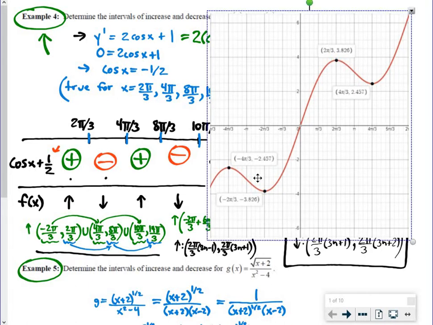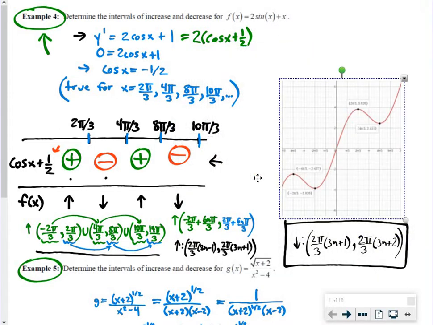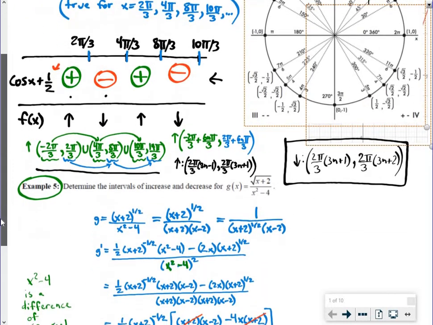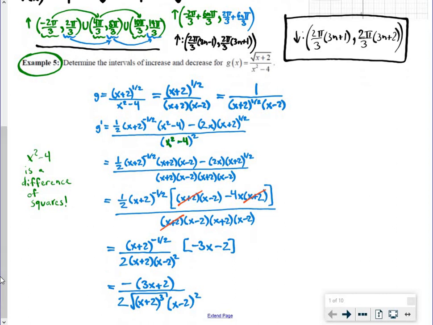I'll also give you a little bit of a hint for example number 5. I'll maybe save some time in this video, I don't want it to go for 90 minutes, so just have a look at what I've done so far. I've given you G prime.